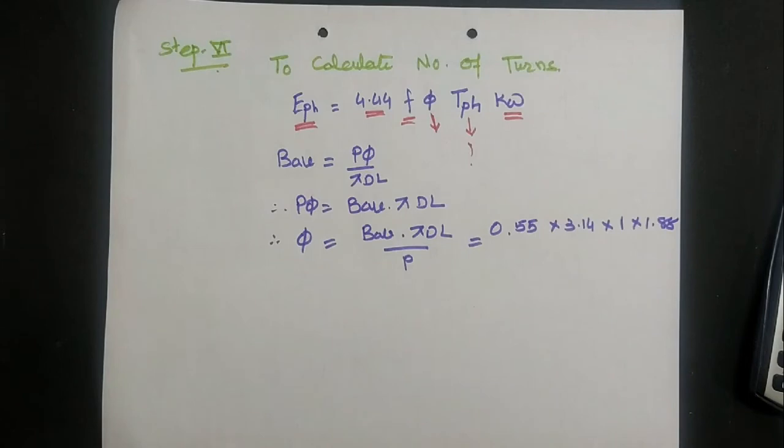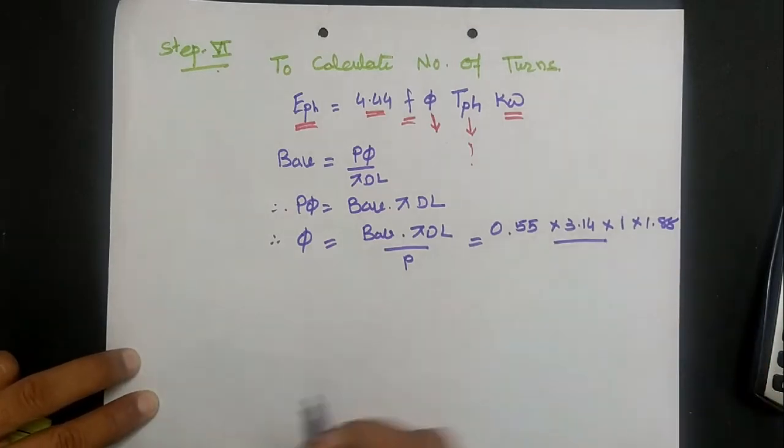When we calculated the diameter and length, in case of turbo alternator diameter is less and length is more, so diameter is 1 meter but length is almost double, that is 1.88 meter. So that is a typical characteristic of a turbo alternator.